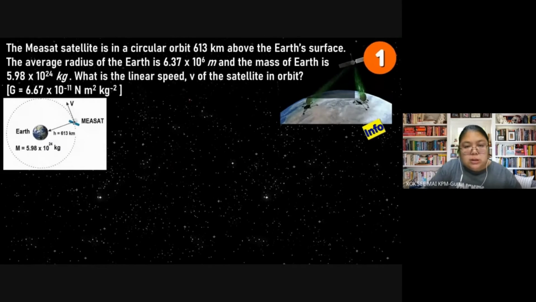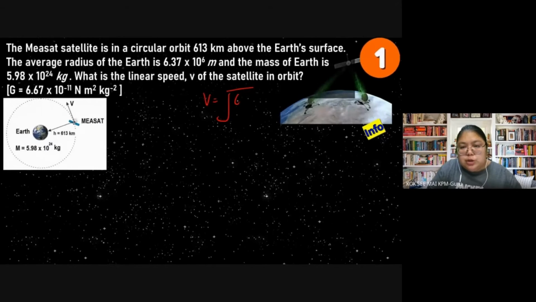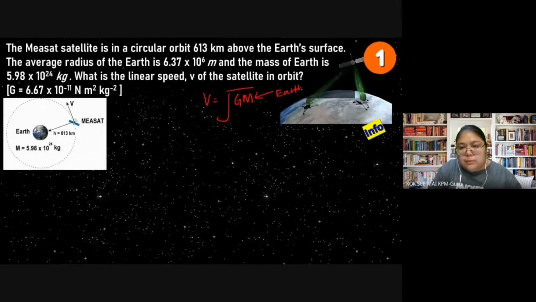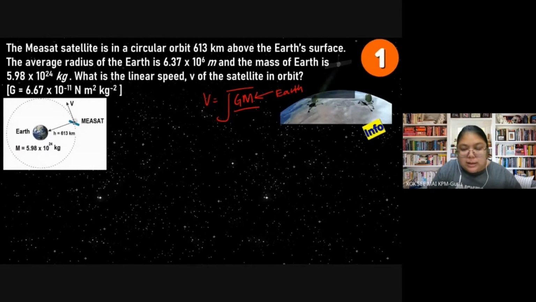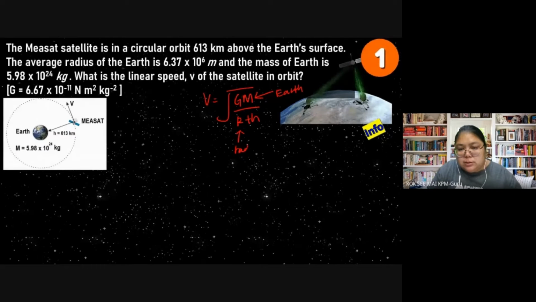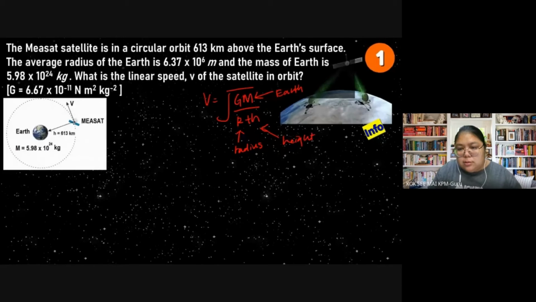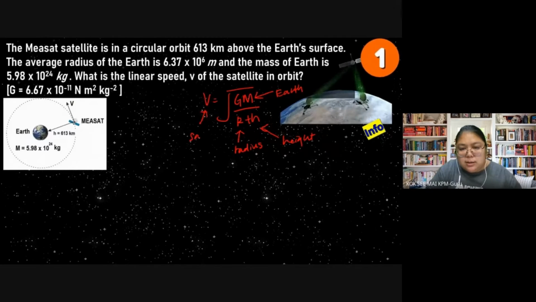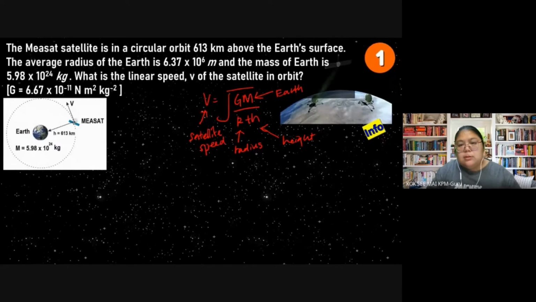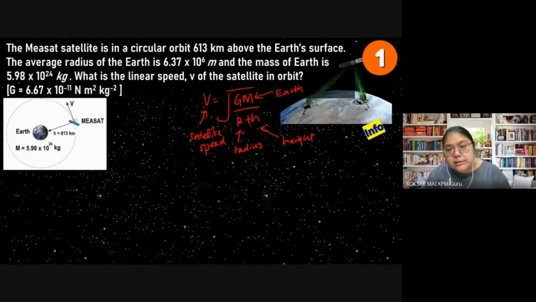So 记得 when I want to find the V, square root of GM, this one is for Earth. Okay, after that there's r plus h. So radius, and this one is height. This one, satellite speed. Okay, so this one is the formula when you want to find the linear speed of the satellite.